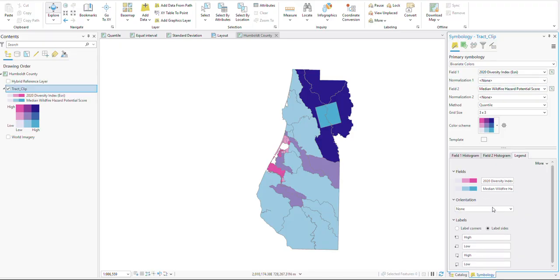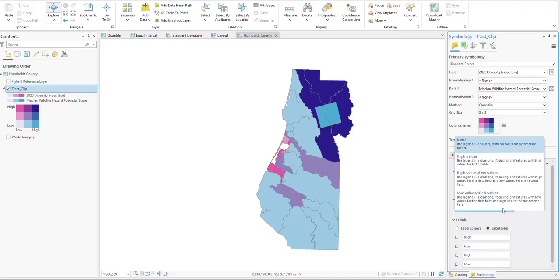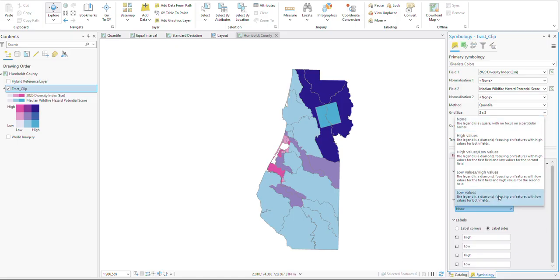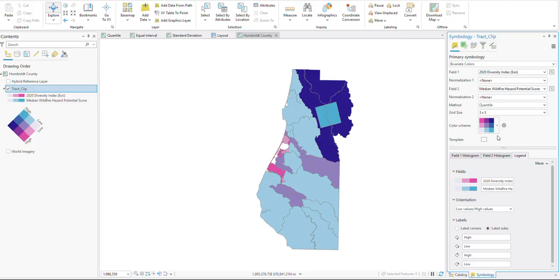And then down here, you could change the orientation around if you wanted to. Make it into a diamond. Maybe like that. That diamond looks pretty good, actually. Kind of like that. But however you want to do it. And then, you can label.